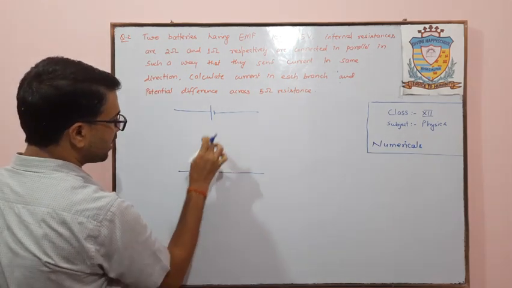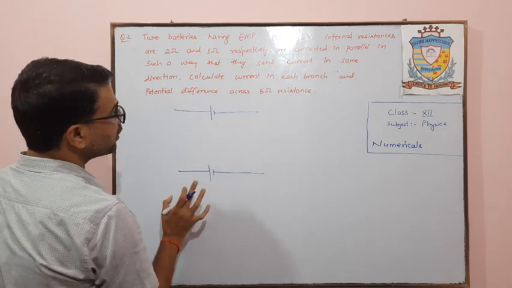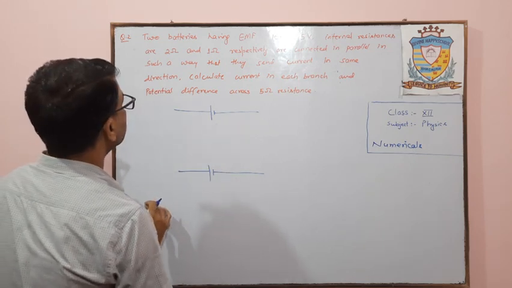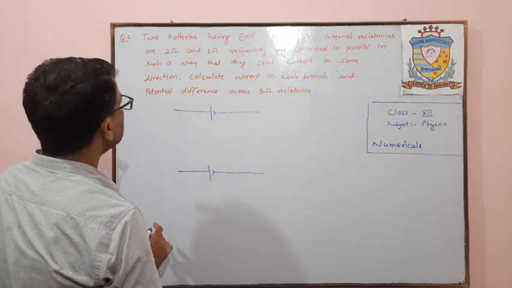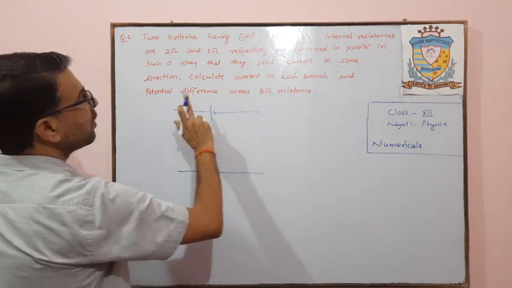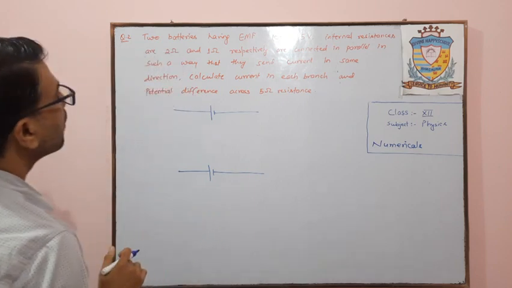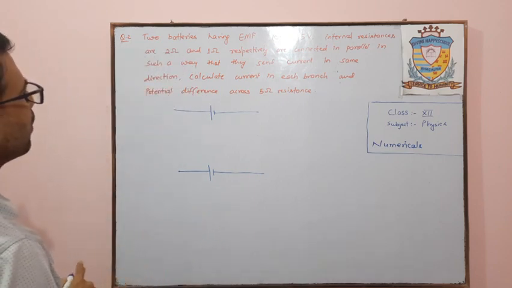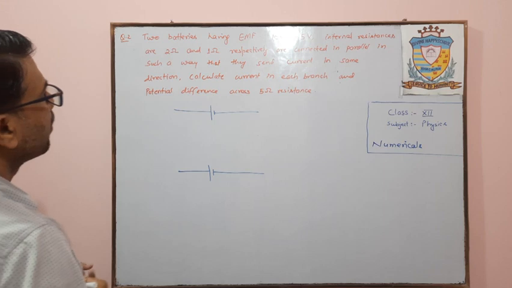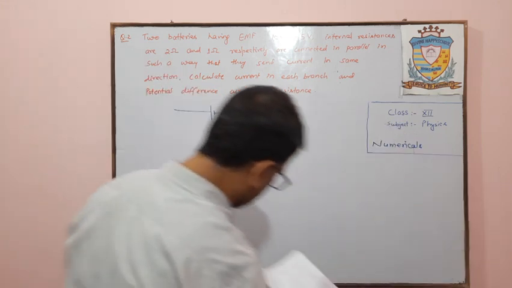That's why we have connected the positive terminals of the two batteries in the same direction. Calculate current in each branch. Five ohm resistance. I think something is missing.